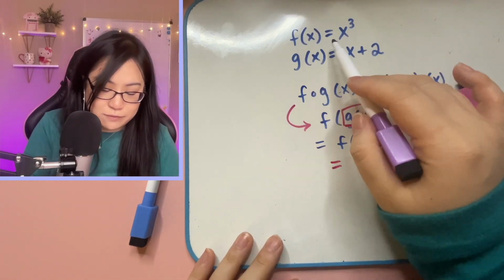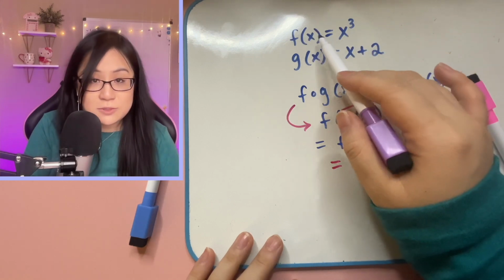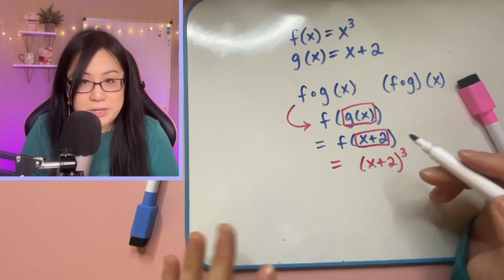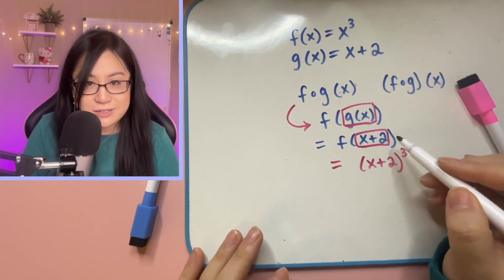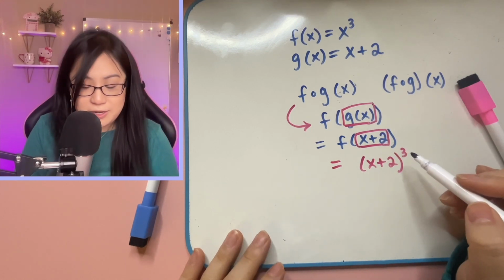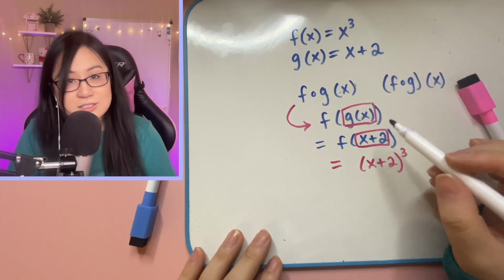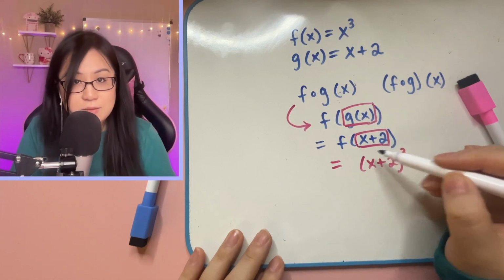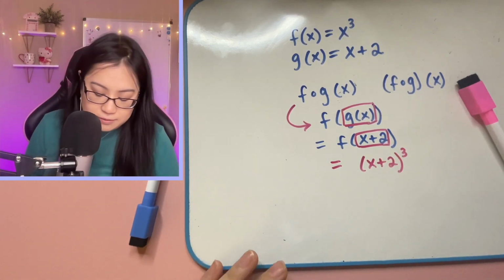So this is more of a pattern. f of stuff is stuff cubed. Just because the stuff happens to be x plus 2, the pattern still holds. It's just stuff, which happens to be x plus 2 cubed. Okay? So this x plus 2 and this x aren't necessarily related other than the fact that this is just the input. It's not necessarily a one-to-one correlation.